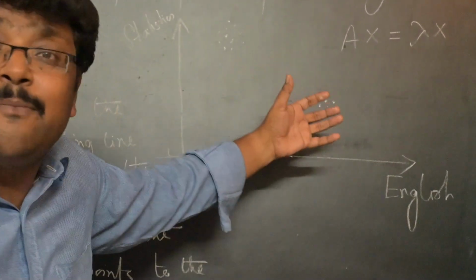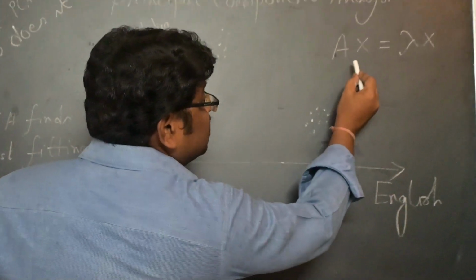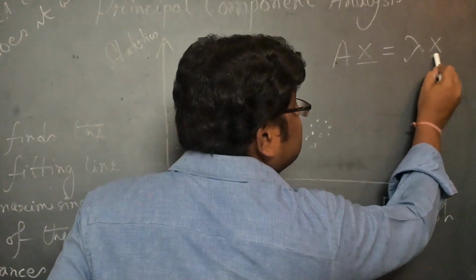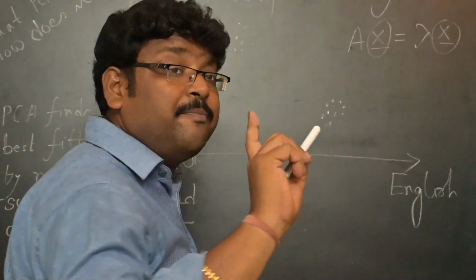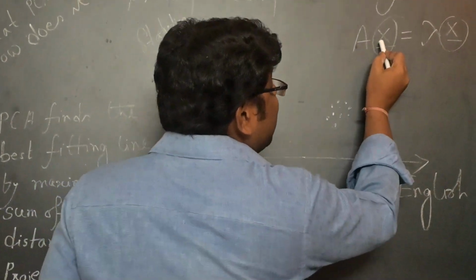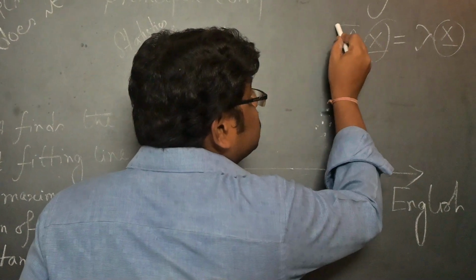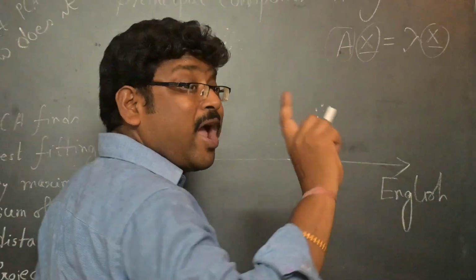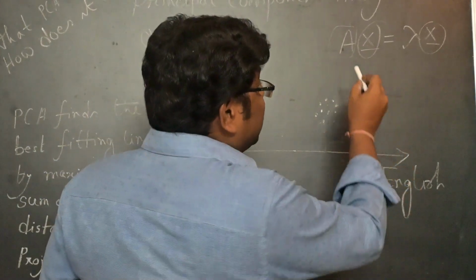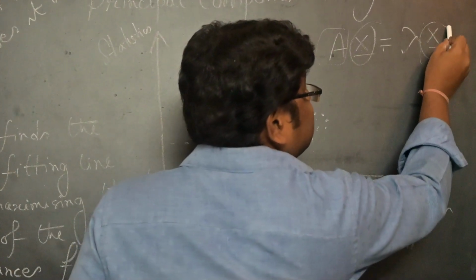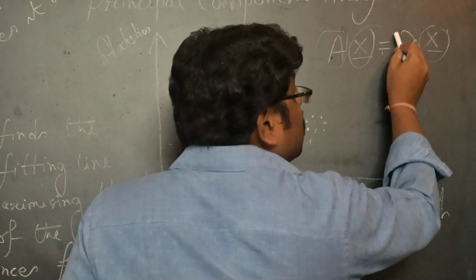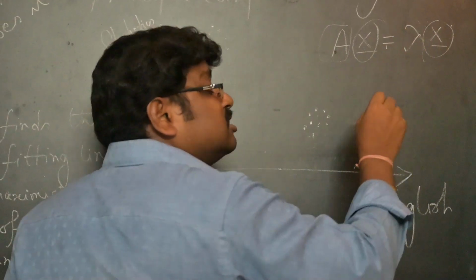So what I have mentioned is that this vector and this vector are the same. And I have multiplied this vector with this squared matrix, and we get on the right side the same vector but multiplied with a constant number.